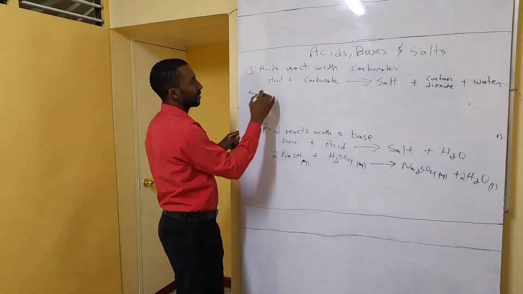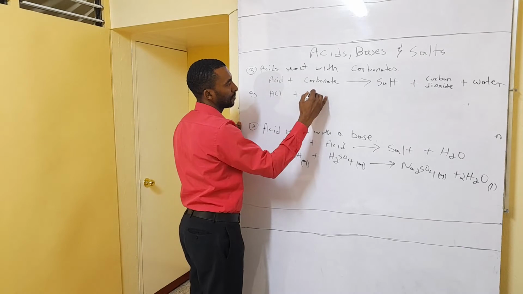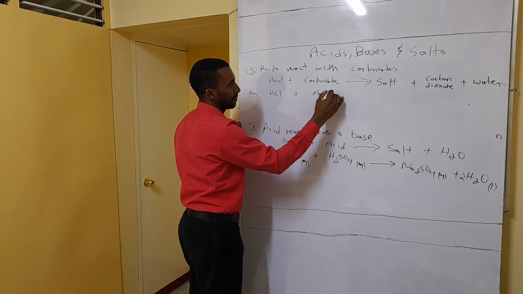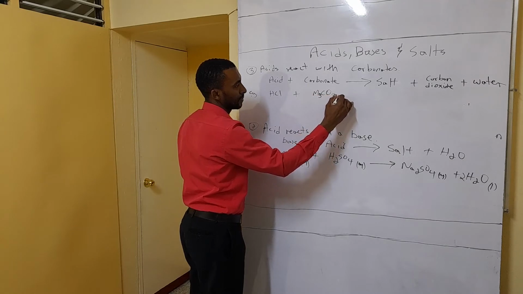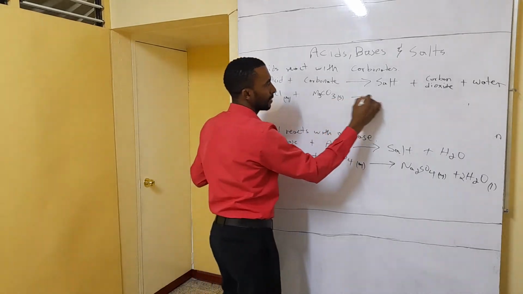The example of acid is HCl plus magnesium carbonate, and they react in the solid state.